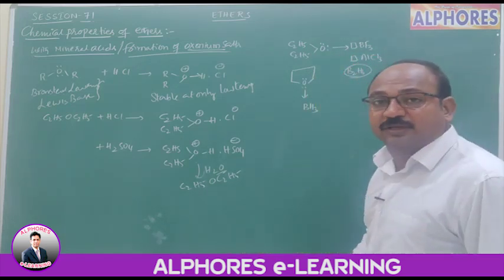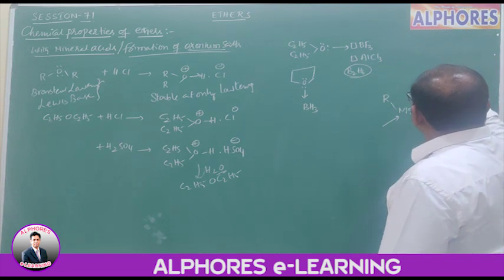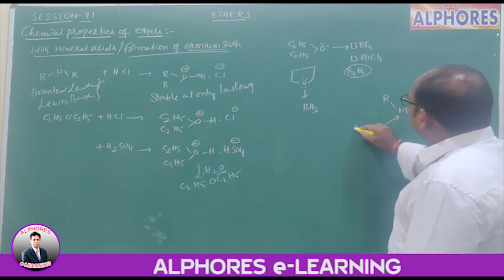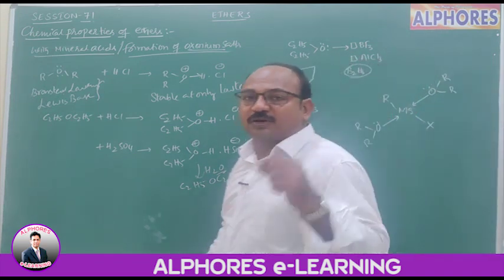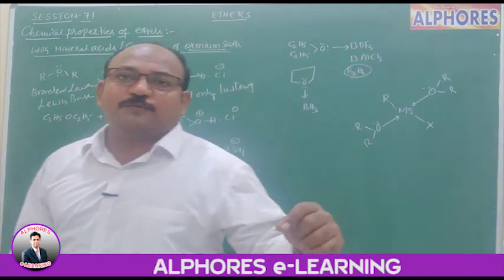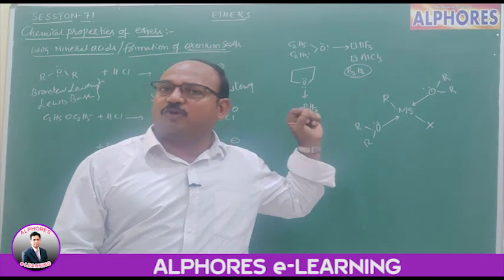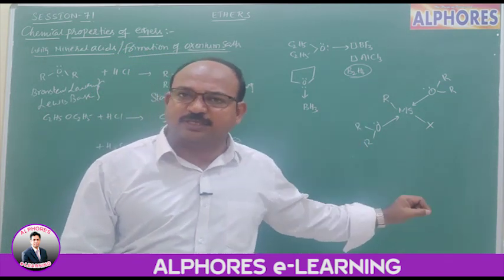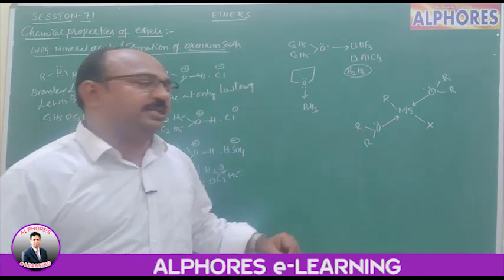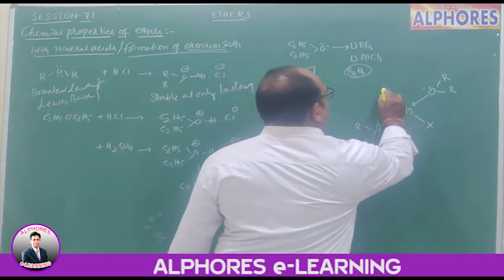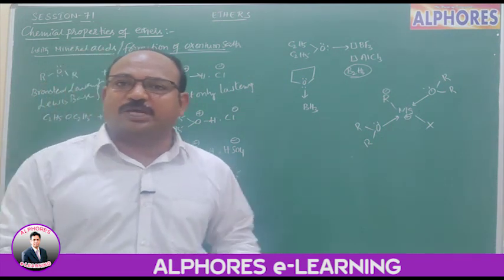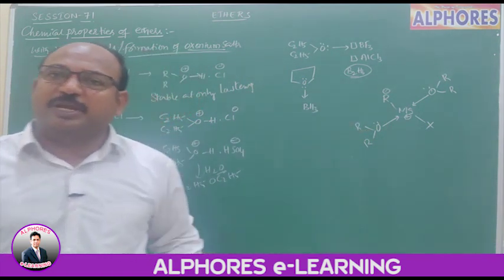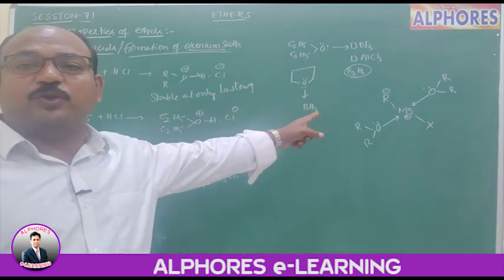Not only here, whenever we are going to use Grignard reagent, we always mention that the solvent is ether. In case of Grignard reagent, why do we preferably use ether as solvent? We know that in the Grignard reagent RMgX, the magnesium is coordinated with ether oxygen.